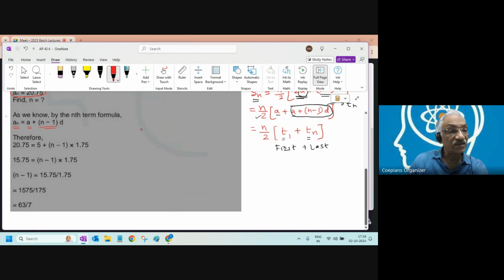We just saw this formula, so we'll substitute the values. The saving in the last week they're talking about was 20.75, which is equal to a, which is 5, plus n minus 1, n being the unknown, into 1.75. So we simply take 1.75 to this side. So n minus 1 becomes 15.75 upon 1.75.